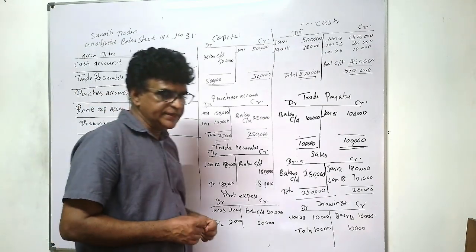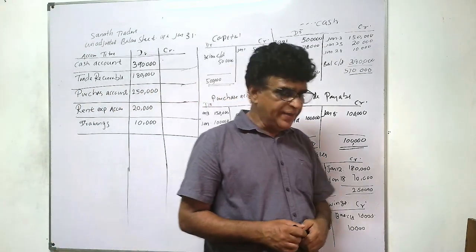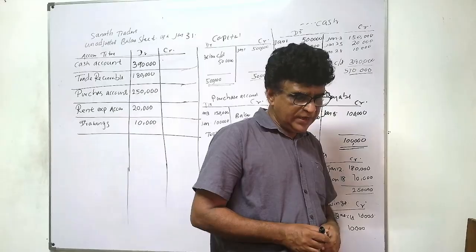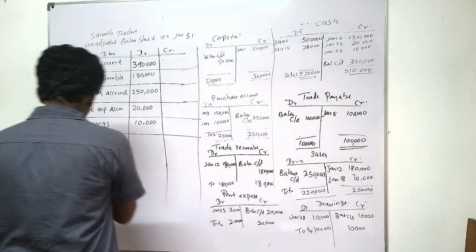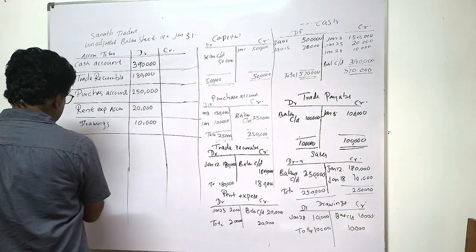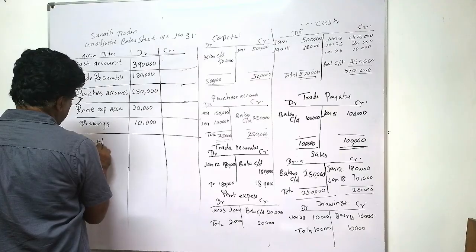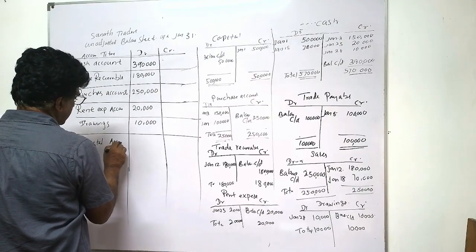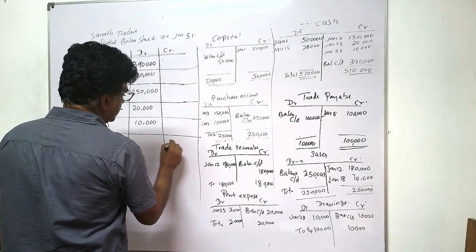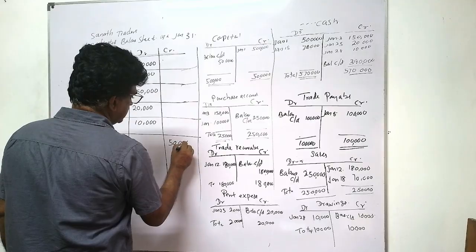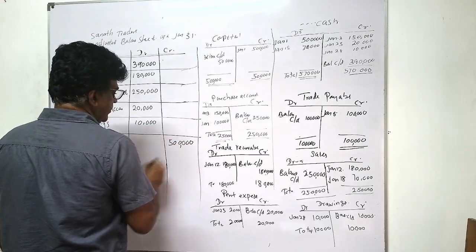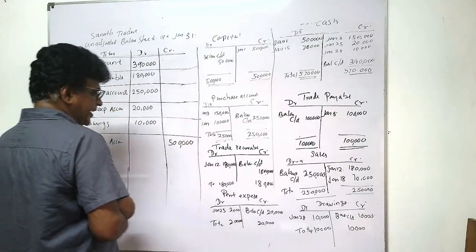There are another 3 credit balances. In the capital account we have 500,000 credit balance.